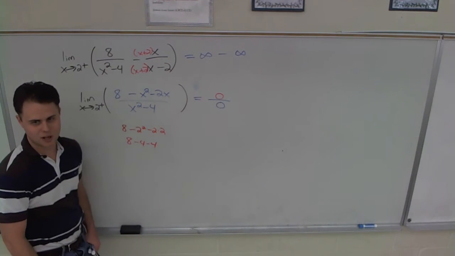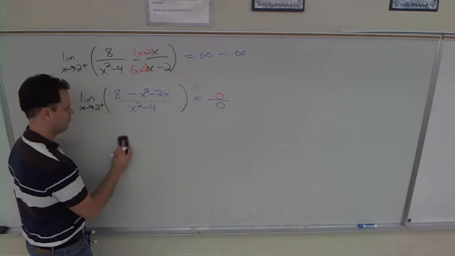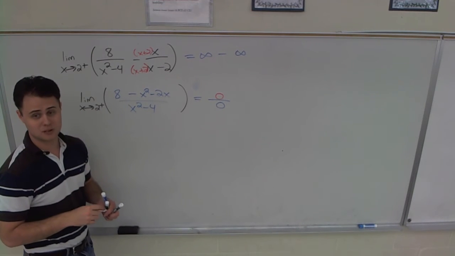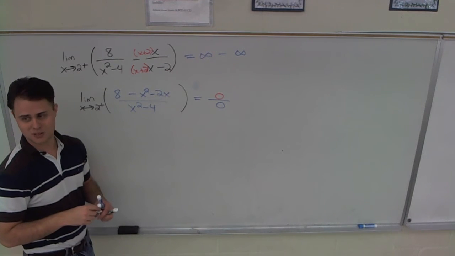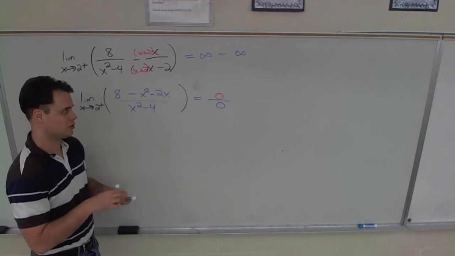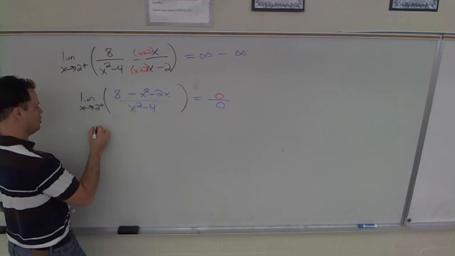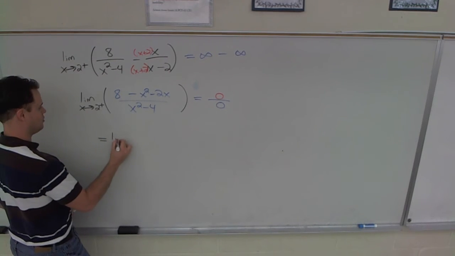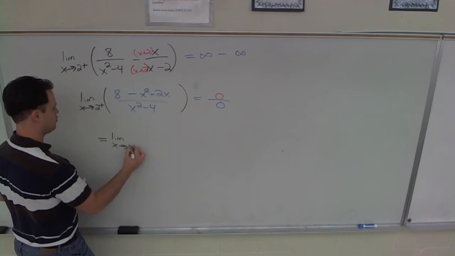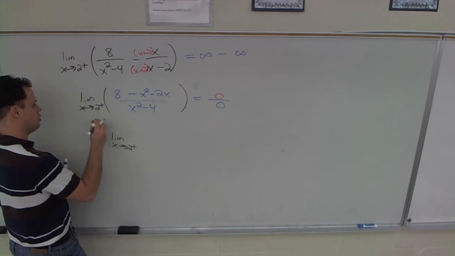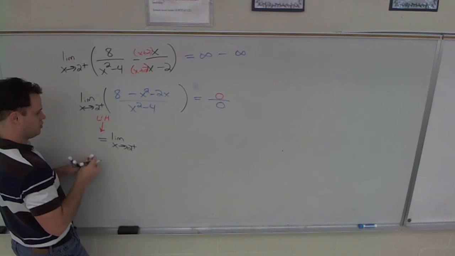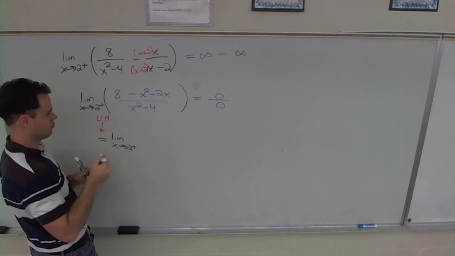That's what I was thinking was going to happen. Otherwise, we'd have had to say the limit does not exist, or we'd have to think about the size again. So, all right. So L'Hopital time. This is equal to the limit as x approaches 2 from the right, due to L'Hopital's rule, of negative 2x over 2 over 2x.